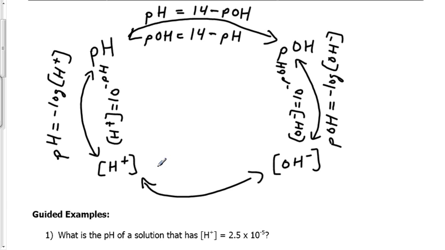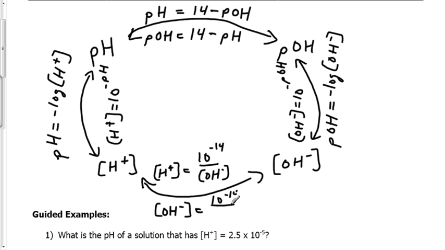So if we're going to calculate for the H+ ion concentration, we're going to take 10 to the negative 14th power and divide it by the concentration of OH-. Again, same calculation. If we're going to calculate for the hydroxide ion concentration, we are going to take 10 to the negative 14th and divide it by the hydrogen ion concentration.